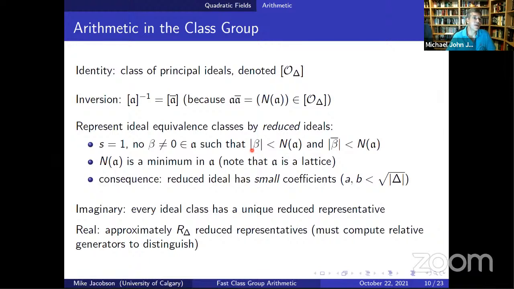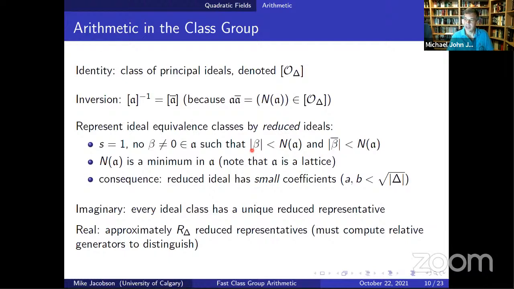And so this makes arithmetic in the class group considerably harder, for the basic fact that it's now a problem to decide whether two equivalence classes are equal. We can find a reduced representative of each class, but it's no longer unique or canonical. So you have to work a little bit harder. You have to find all, in some sense, of the equivalent reduced ideals in a class in order to figure out whether that class is equal to another one.